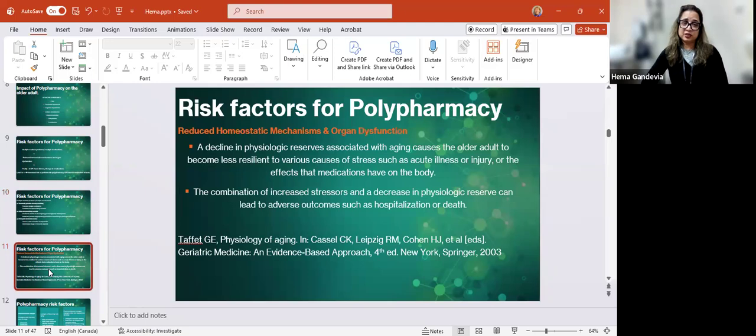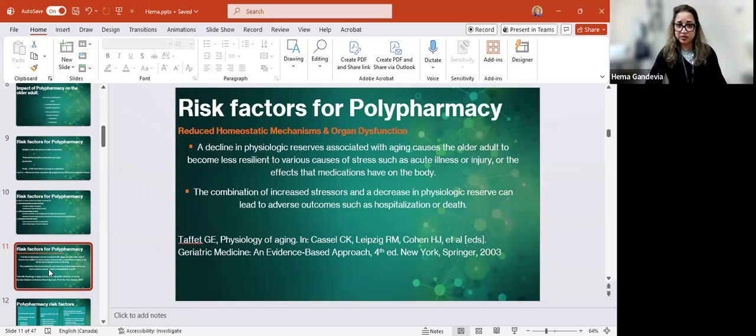Back to risk factors for polypharmacy. Now we're talking about the reduced homeostatic mechanisms and organ dysfunction. Most of our older adults do face a decline in their physiologic reserves associated with aging, and the older adult thus becomes less resilient to various causes of stress, such as acute illness or injury, and also is less resilient to the effects of medication that are happening on the body.